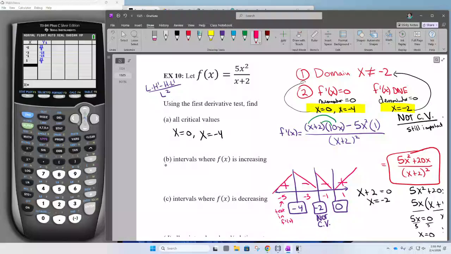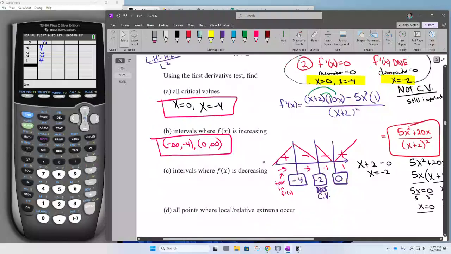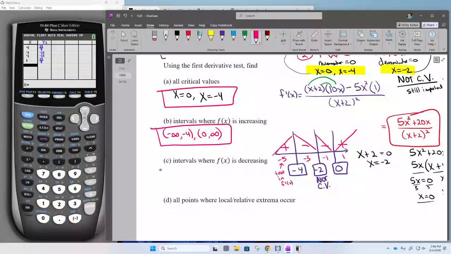So it was increasing from -infinity to -4, and then again from 0 to infinity. It's not decreasing over -2 because something's happening there. So it's decreasing from -4 to -2, then again from -2 to 0.